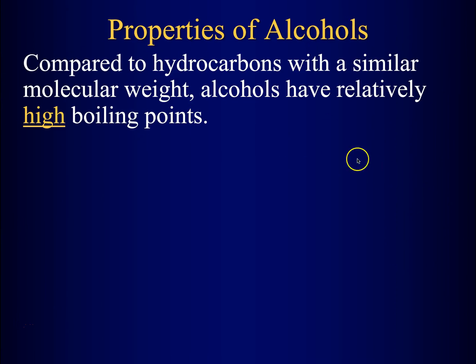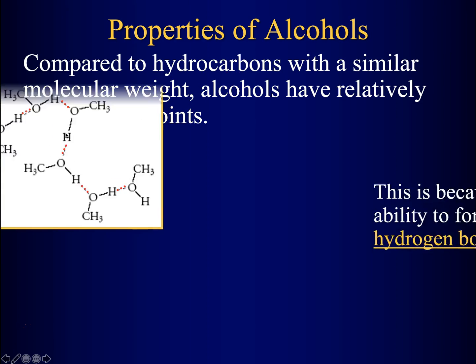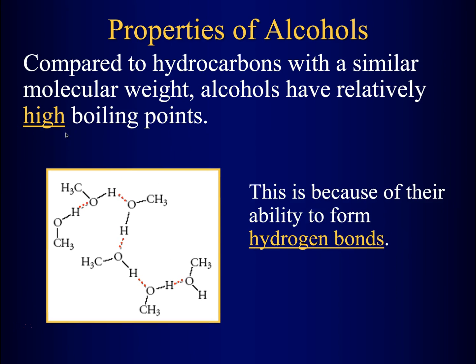So some more properties of these alcohols compared to hydrocarbons. They're going to have higher boiling points. So why? That is because of their hydrogen bonds. So this is one of our topics from Chem 101 that we do need to remember, our intermolecular forces. So our hydrogen bonds, we said, involve super electronegative atoms.